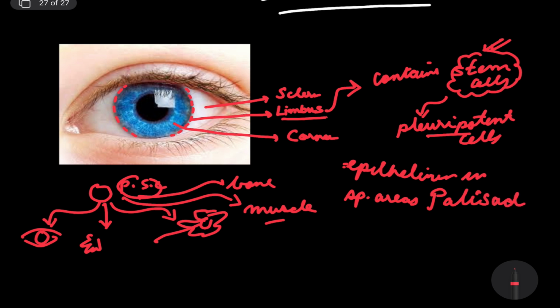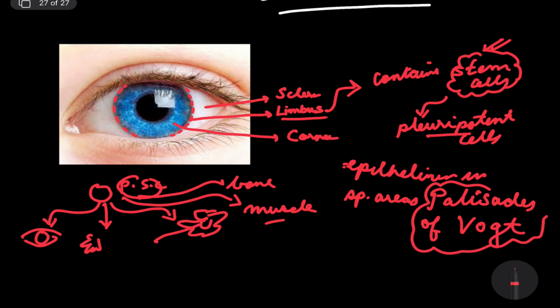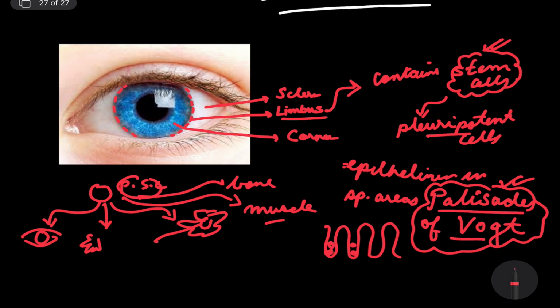So if we were to see the limbus microscopically, we would see that the epithelium in the limbus is thrown into crypts and folds. Within these crypts, the stem cells are present. These crypts are called palisades of Vogt.